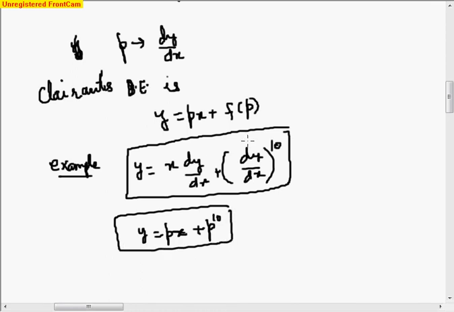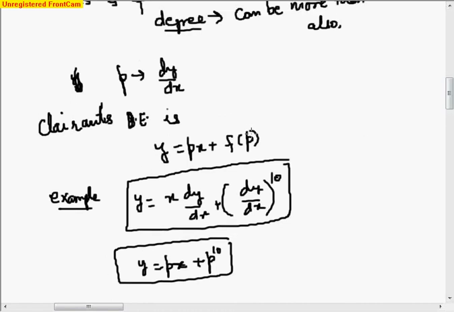So the solution for Clairaut's form is, you just replace your p with c. Can you see how that is a solution?